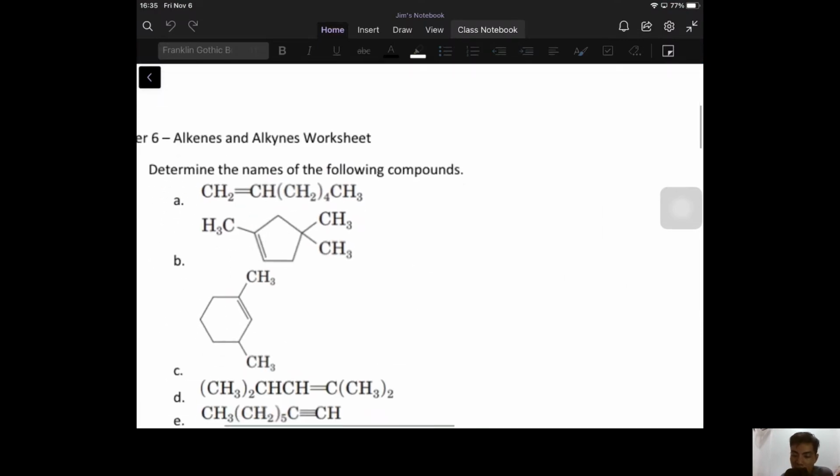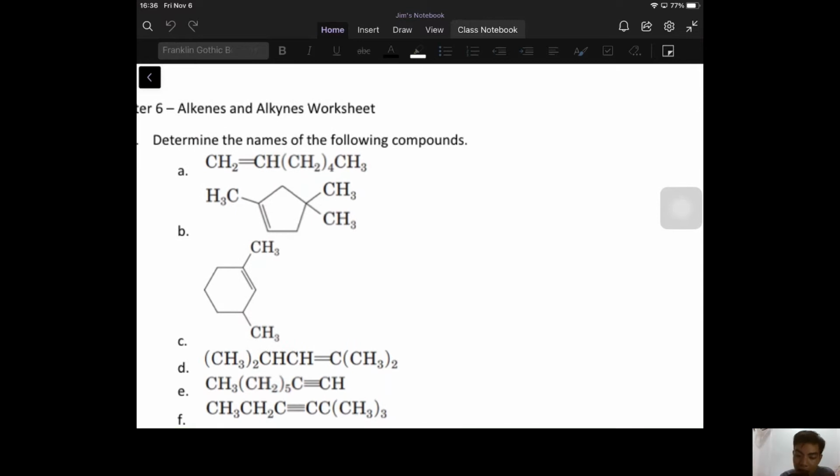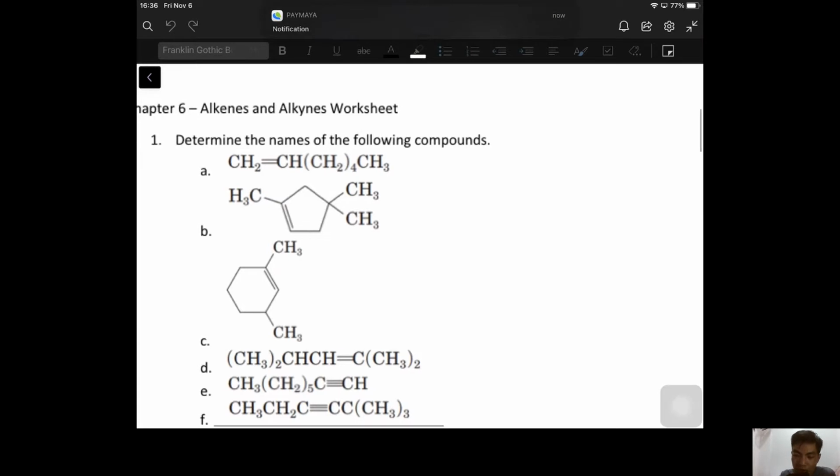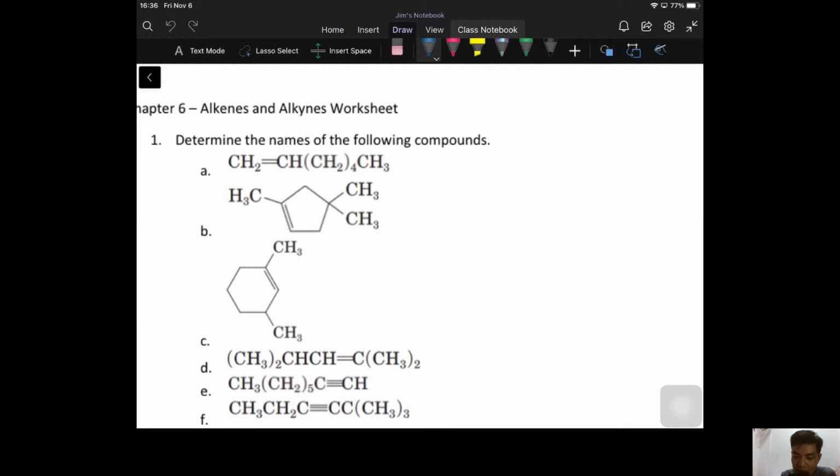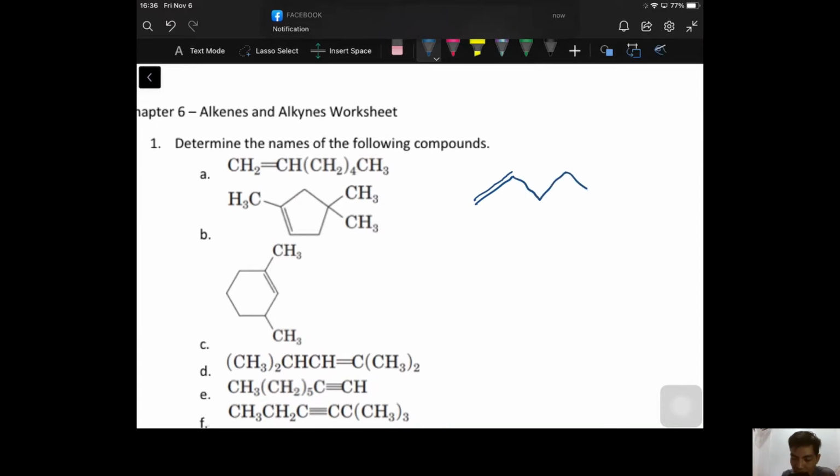Determine the names of the following compounds. Okay, so sige. So, we have CH2 double bond CH. Paano dinodrawing yon? Drawing natin ha, para mas maganda. So, ito yung CH2. Kapag may double bond doon, nakaganan yan. Kasi ito CH, then you have apat na CH2: CH2, CH2, CH2, and finally CH3.